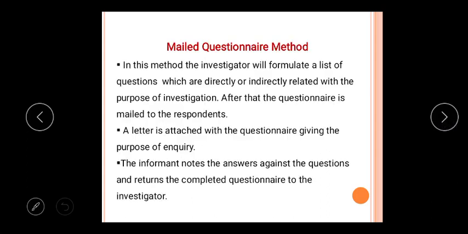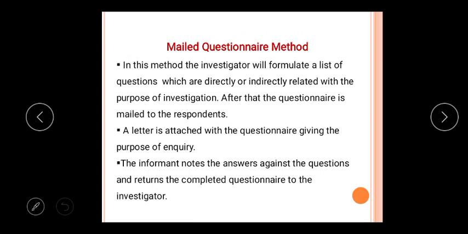Let us first discuss the mailed questionnaire method. Dear students, in the mailed questionnaire method, the investigator will formulate a list of questions which are directly or indirectly related to the purpose of investigation. After that, the questionnaire is sent to the various informants by post.